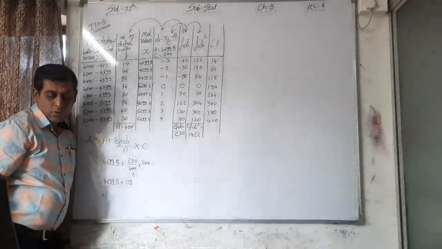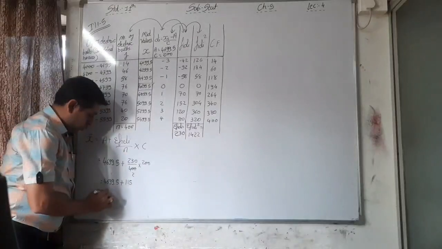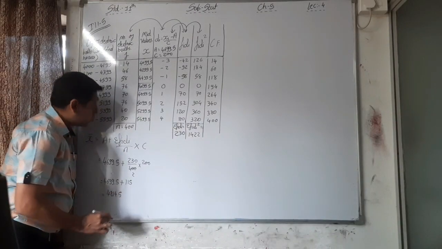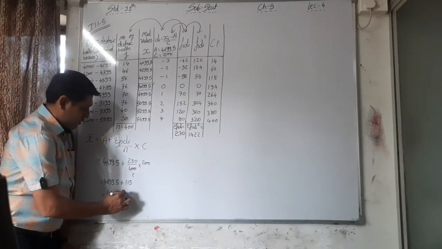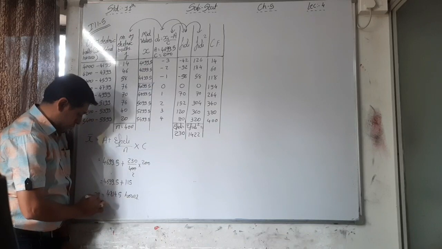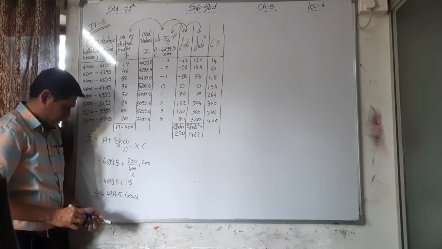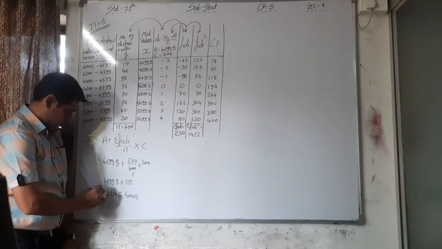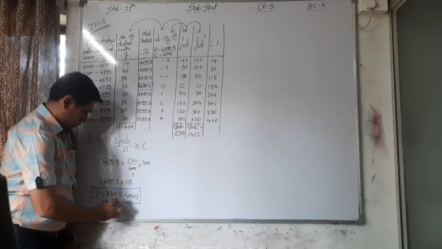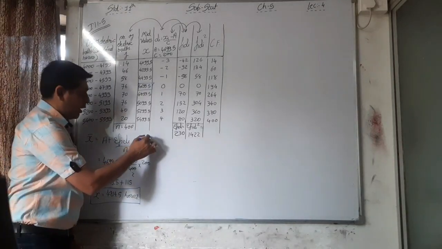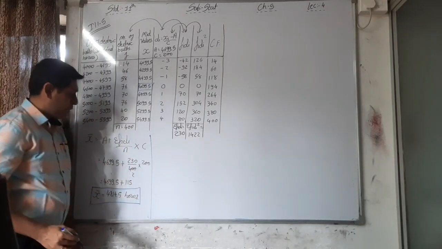So your mean is equal to 4814.5 hours. Okay, your mean is complete.